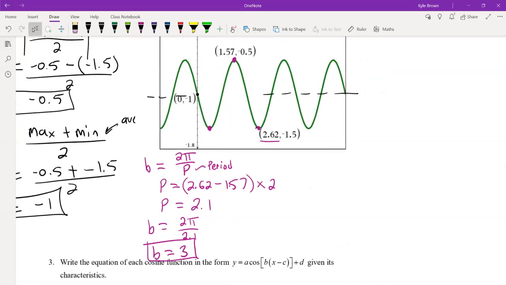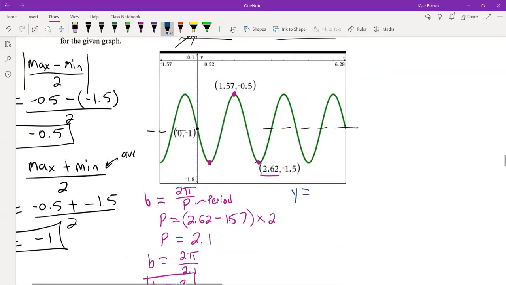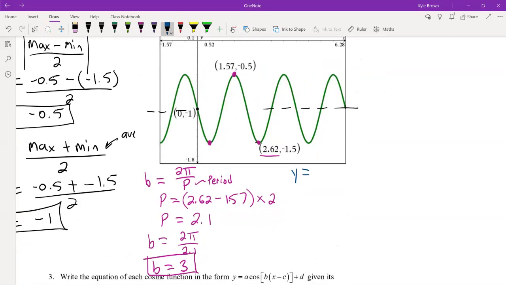So I'm actually going to start writing it out so you can see it. Let's go y is equal to, and I'm going to write out just the general equation first: a sine b, and then x minus c, and then plus d.